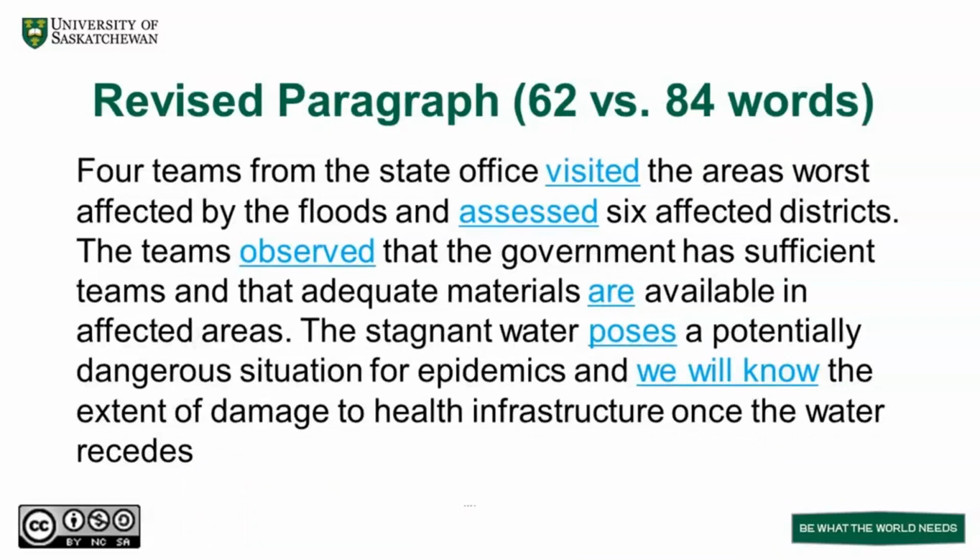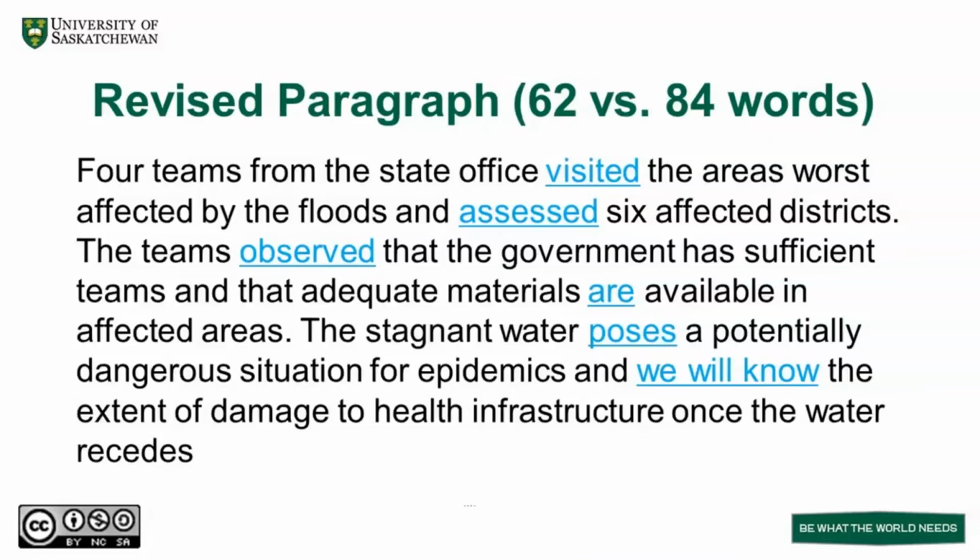So here we have a revised paragraph where nearly 20 words have been removed. So really just honing in on those nominalized nouns and figuring out, can this be changed into a nice strong verb instead? And sometimes that then leads to cutting other bits of information.